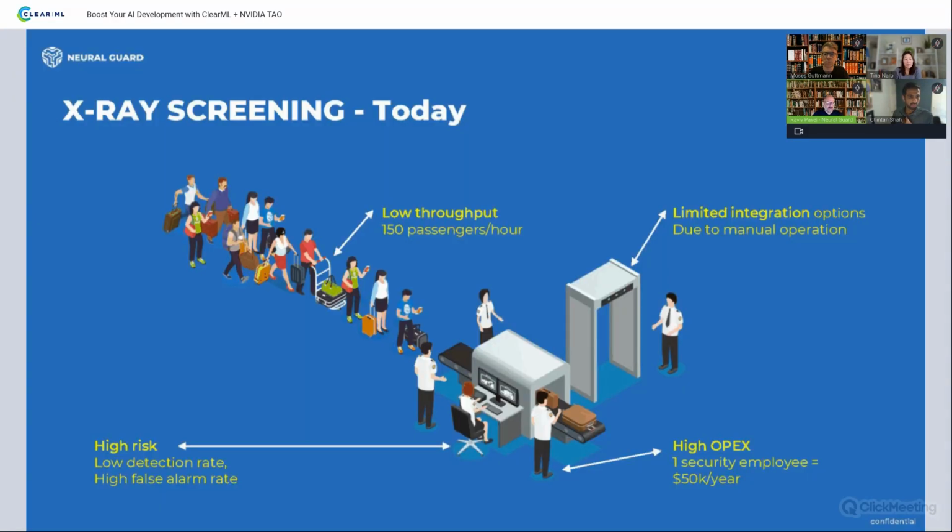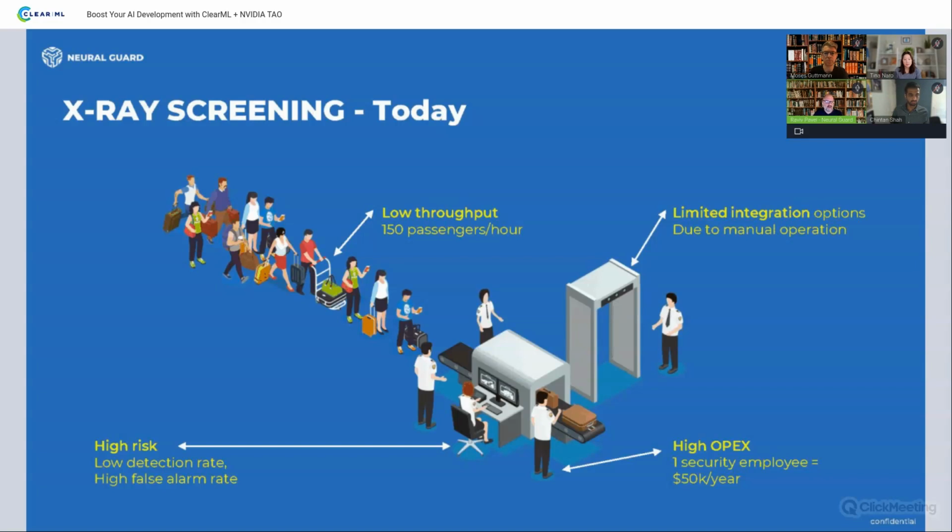Okay, so NeuralGuard. We're doing AI for X-ray screening. On your regular X-ray checkpoint, there is a long line of passengers waiting for someone to look at the X-ray imagery and identify whether there are prohibited items in your bag. Unfortunately, human operators have a low detection rate, not as high as we would want, and they're pretty slow.